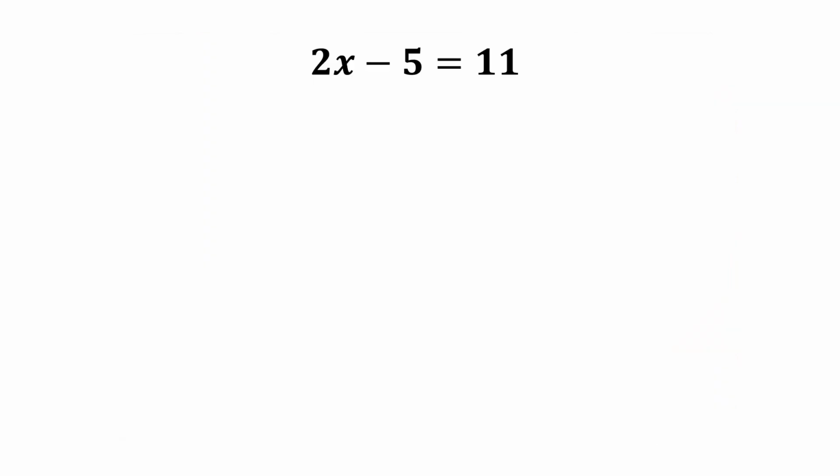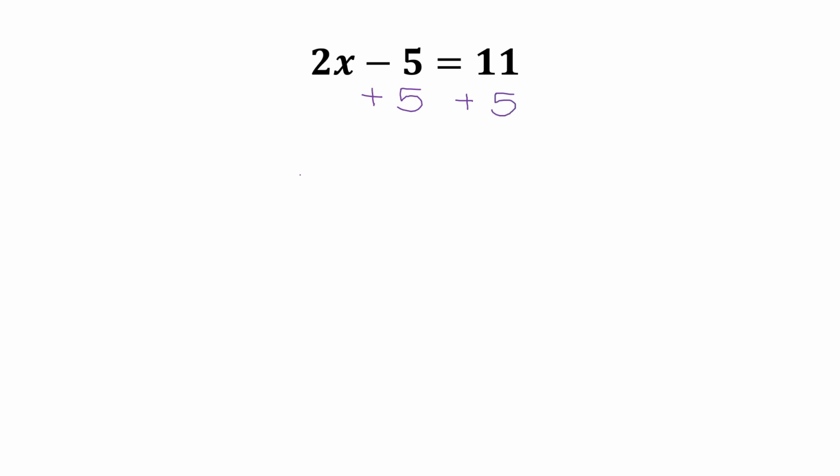2x subtract 5 equals 11. Our first step in solving this equation is getting rid of any adding or subtracting that is taking place next to our variable. If I cover up the 2x, it's easy to see we have to get rid of subtracting 5. The opposite of subtracting 5 is adding 5. And what we do to one side of our equation, we must do to the other side.